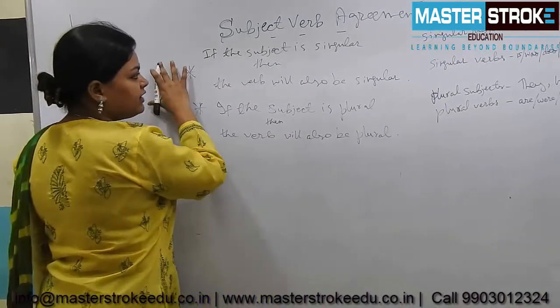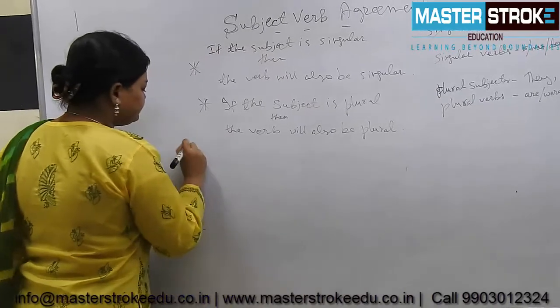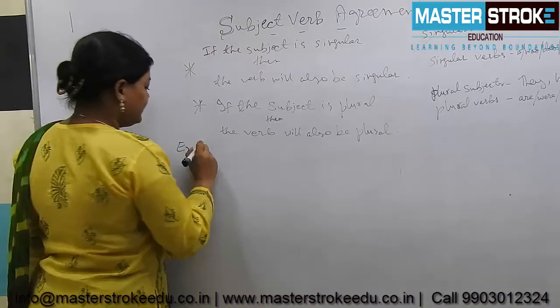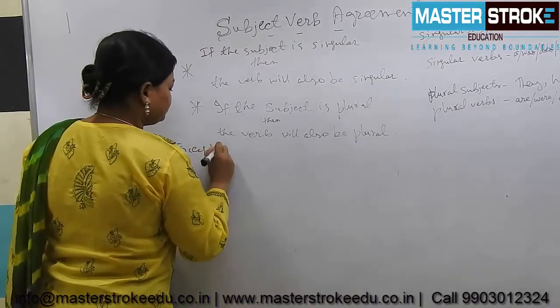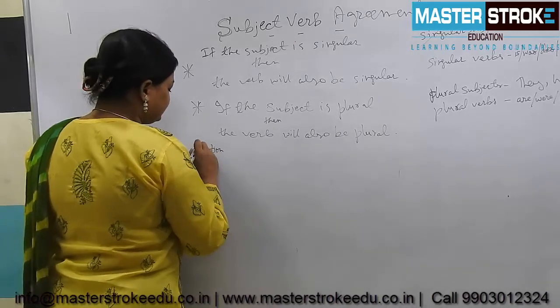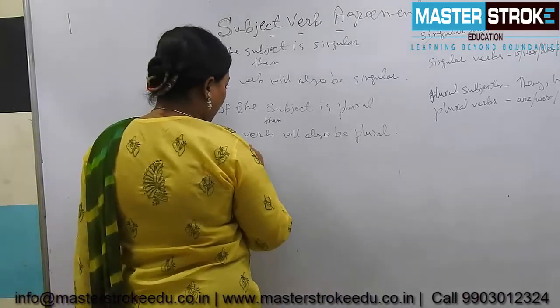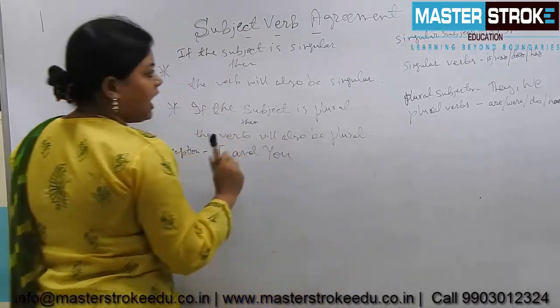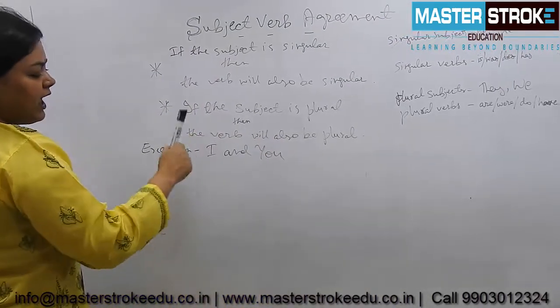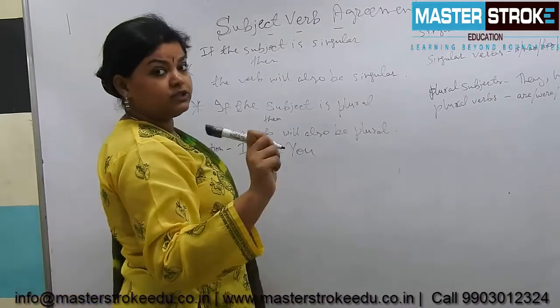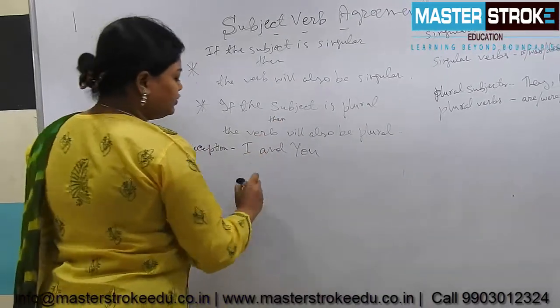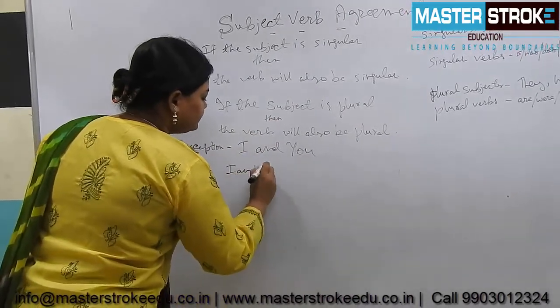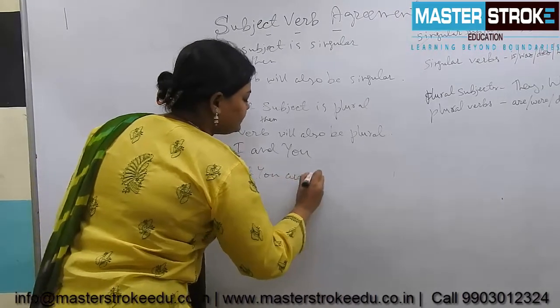Since we are discussing the rules, let me give you the exception to the rule as well. The exception is I and you. As you must know, I and you are singular subjects.